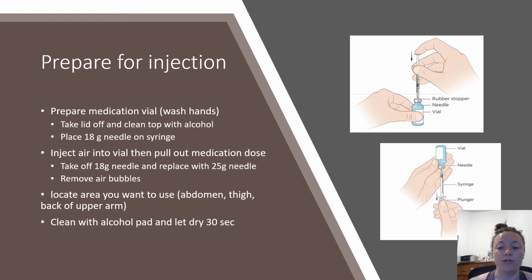Then inject air into the vial. So if your dose is 0.25 mLs, you pull out 0.25 mLs of air. Stick the syringe into the stopper and inject the air into the bottle. Then turn it upside down and draw out the 0.25 medication dose.